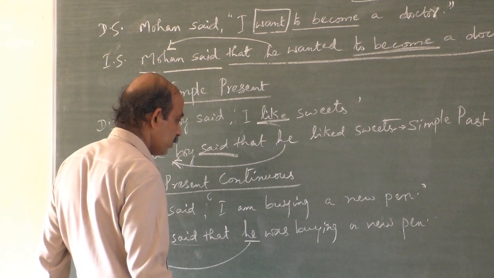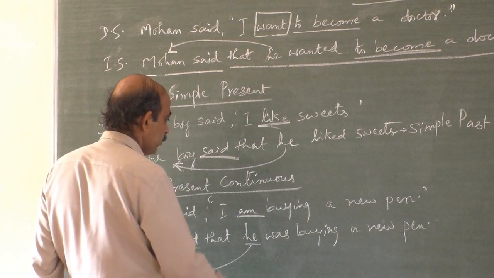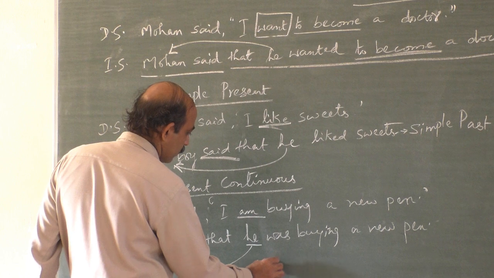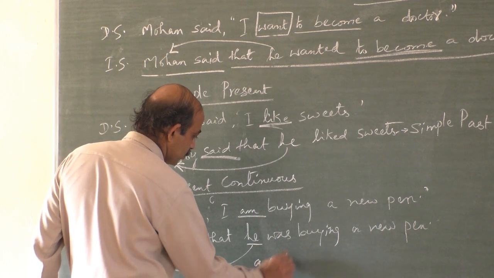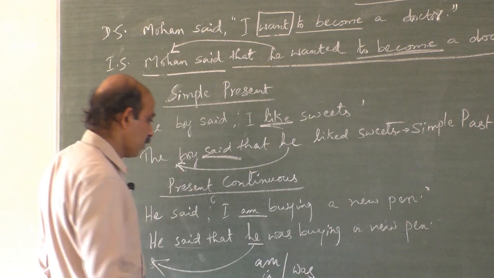He was buying a new pen. The common helping verb in the past continuous for am and is, for both, is was.